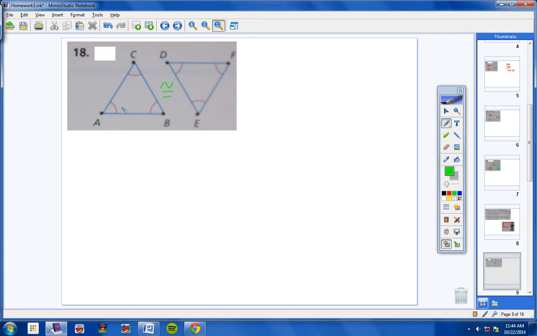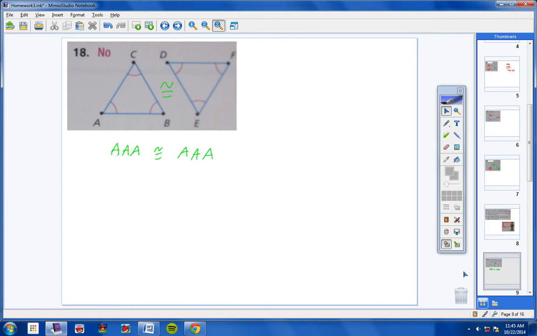Notice for number 18 we have angle, angle, angle congruent to angle, angle, angle. That's all that we know, okay? So students, right off the bat, we know right away that we do not have enough information. There's no way, because you cannot prove two triangles to be congruent just by having three angles of one triangle congruent to three angles of another, okay?